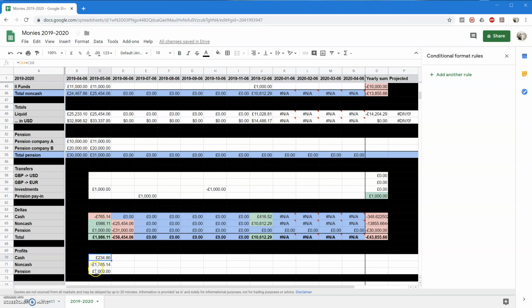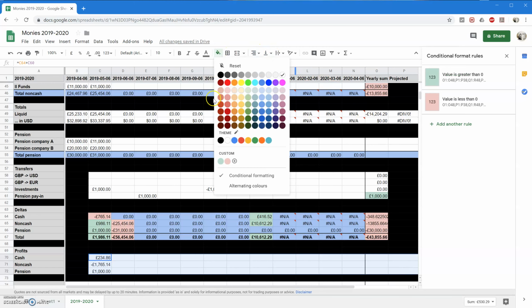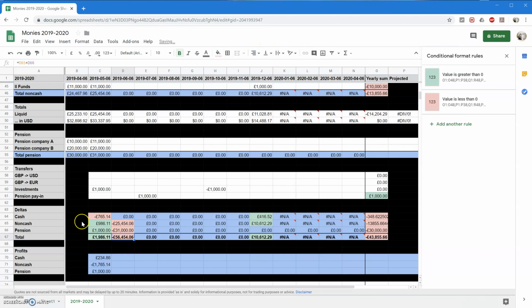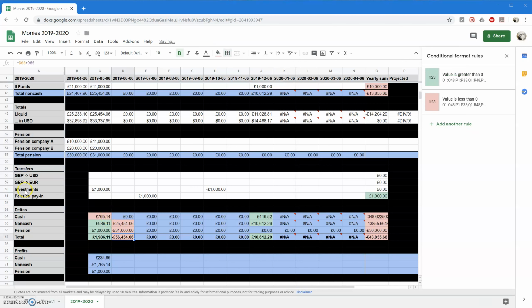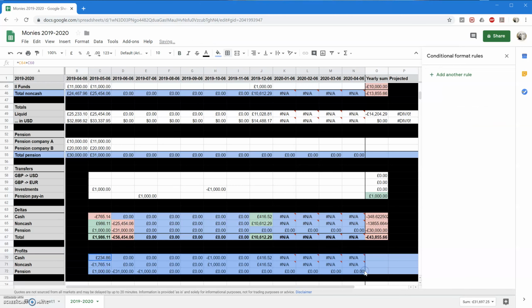What I've done here is calculated how much it changed. First the delta, which is the pure change part, and I have subtracted or added the investment and pension pay-in values so that we get an accurate representation of how much it went up and down, excluding the fact that we paid into it.